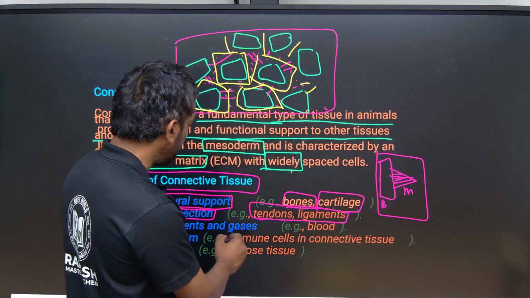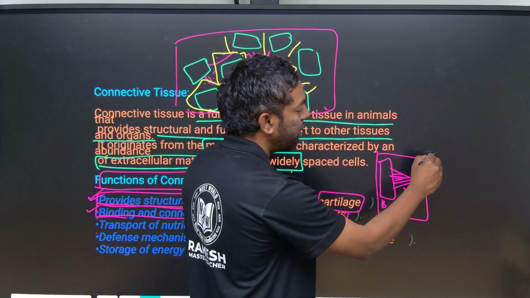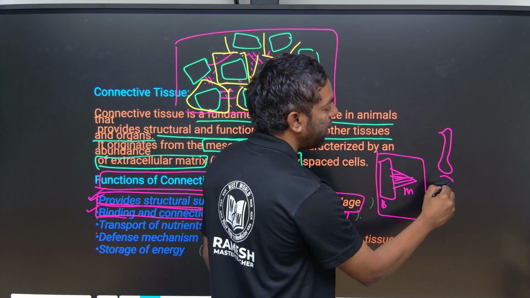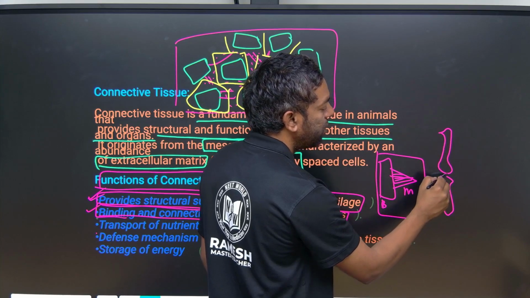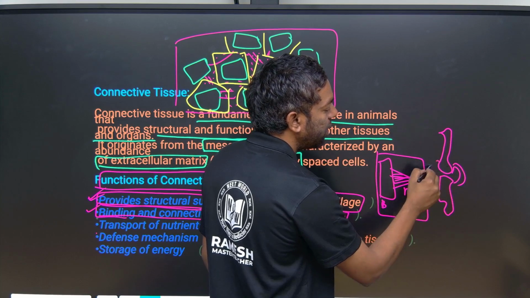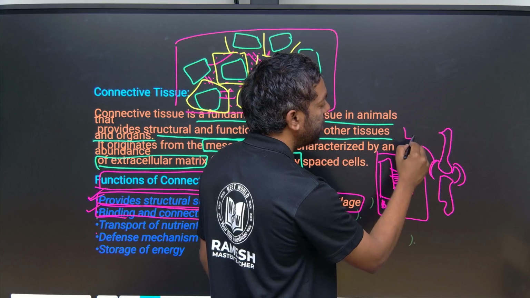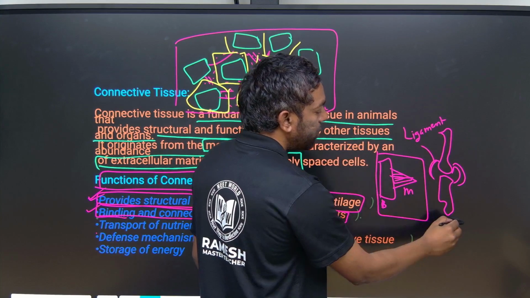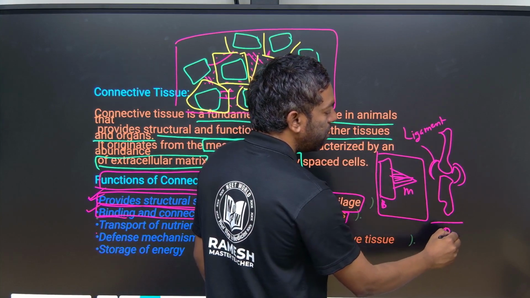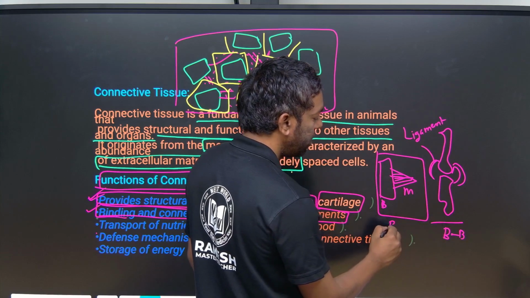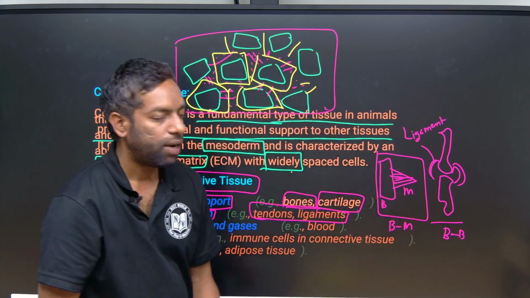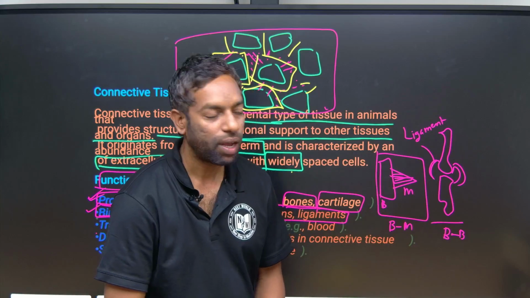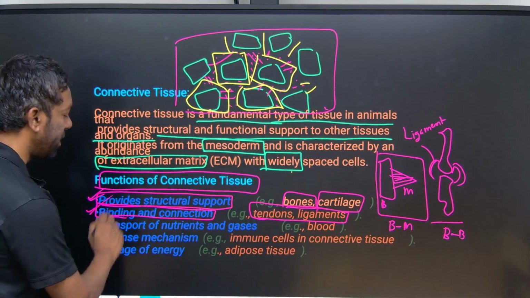What about ligament? It is the attachment of bone to bone; this bone is attached with another bone, and this connection we call ligament. Tendon is bone to muscle, ligament is bone to bone. This gives the binding.